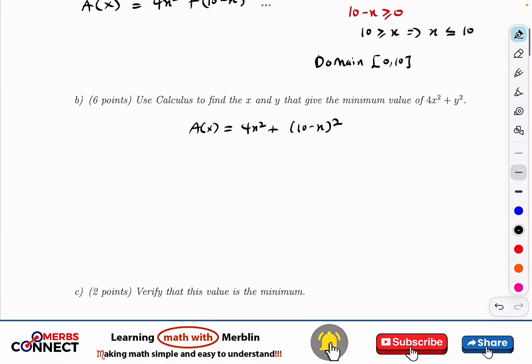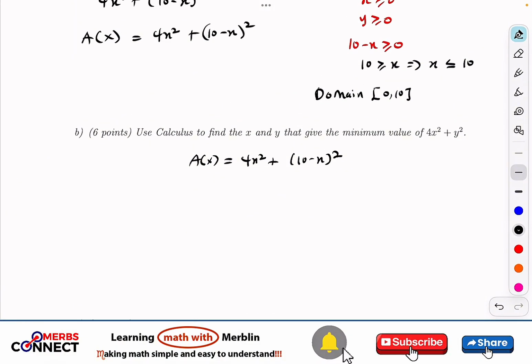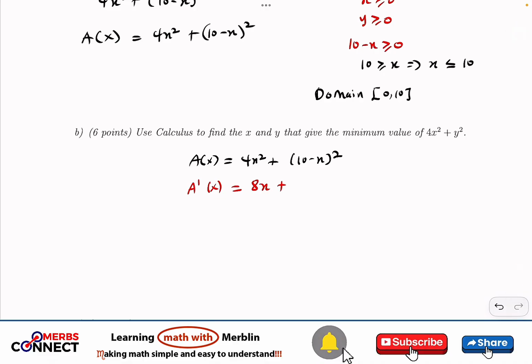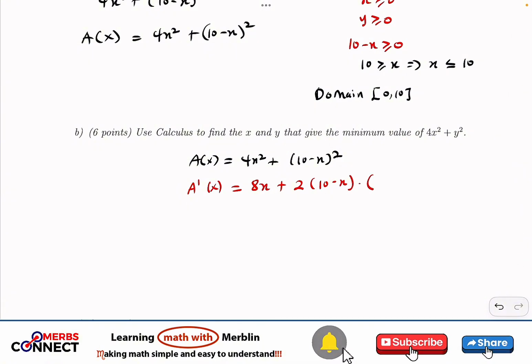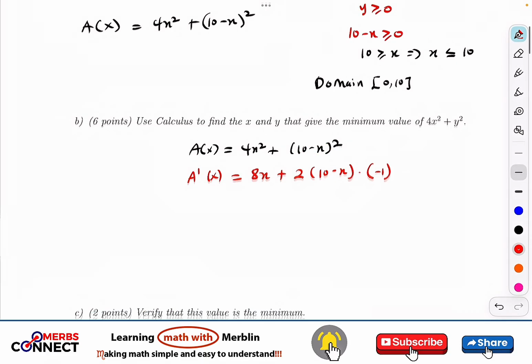Now we want to find x and y, so we need to find the critical point by taking the first derivative of this function. So A prime of x will be equal to, using the power rule, 8x plus. Now for this one we need to use the power rule and then the chain rule. With the power rule first, we drop the 2, keep 10 minus x, subtract 1 from the 2 and you get 1. Then you multiply by the derivative of what is inside the parentheses, which is minus 1.